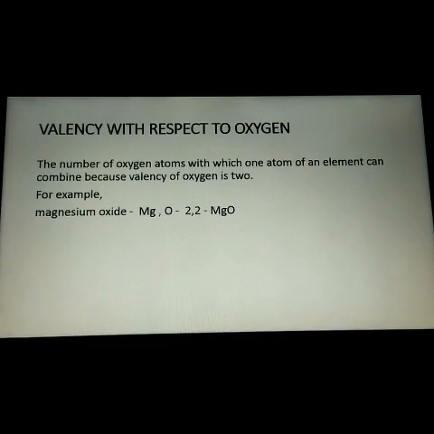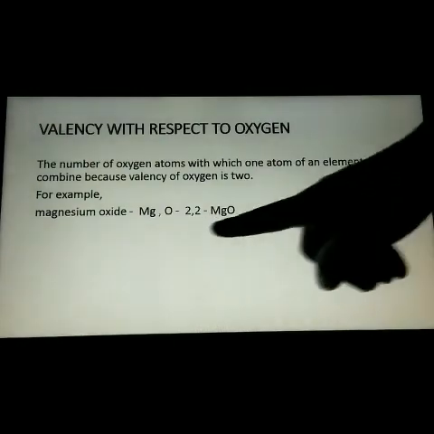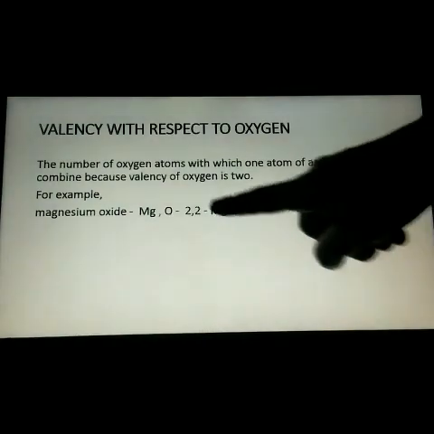For example, in the case of magnesium oxide, the molecular formula will be MgO. In this case, the outermost shell will contain 2 electrons in both the elements, right? 2 and 2. So you'll be writing it as 2, 2.